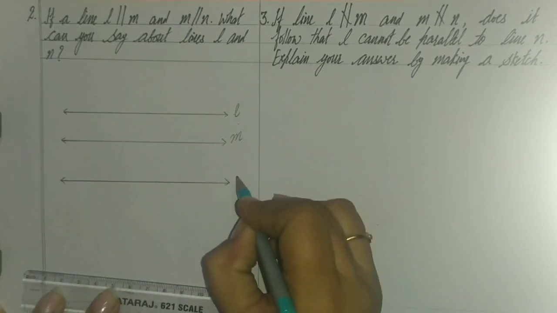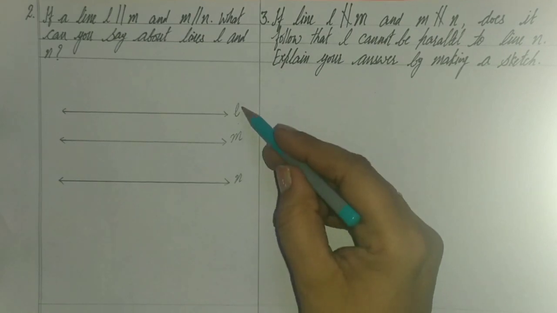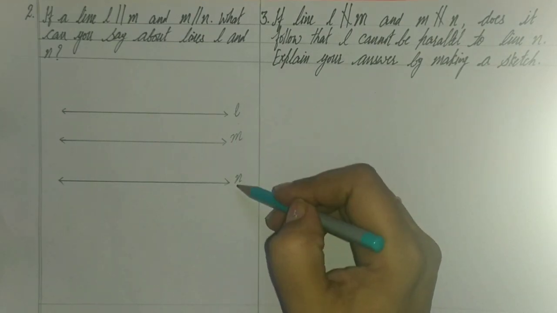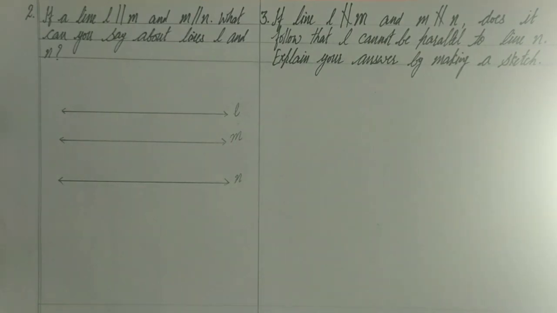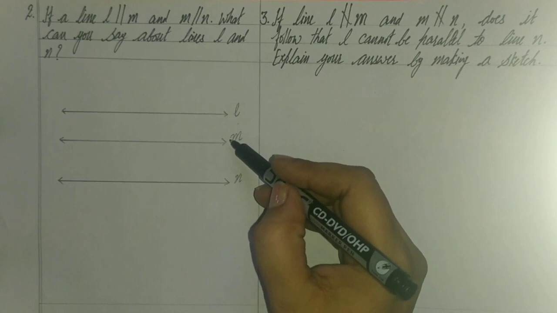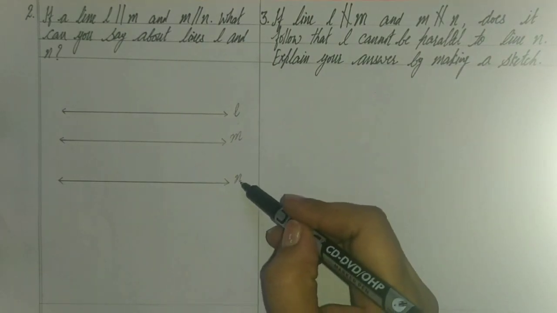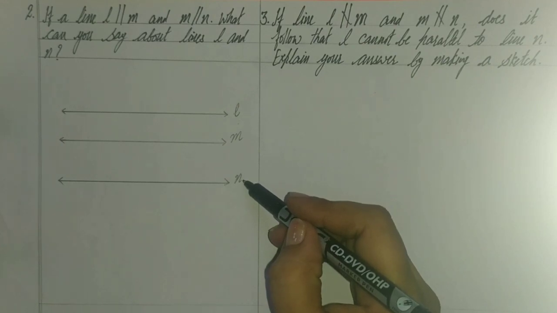So here N is parallel to M. L is parallel to M and M is parallel to N. Now the question is, what can you say about lines L and N? Since L is parallel to M, and N is also parallel to M, so L and N will also be parallel.